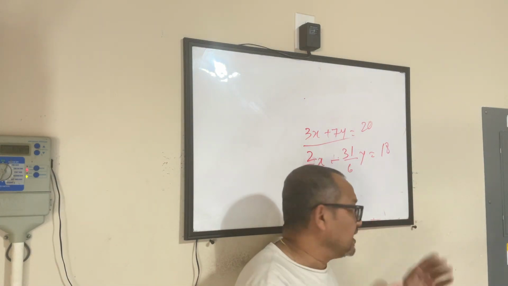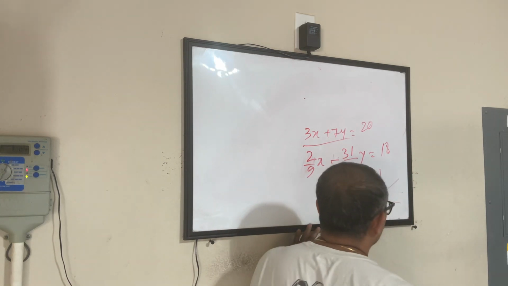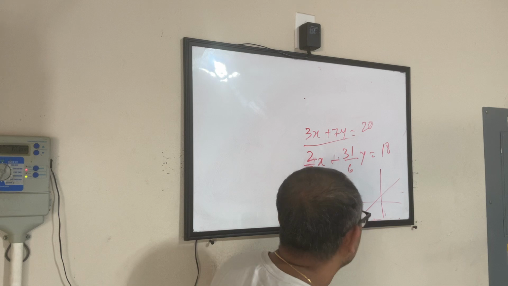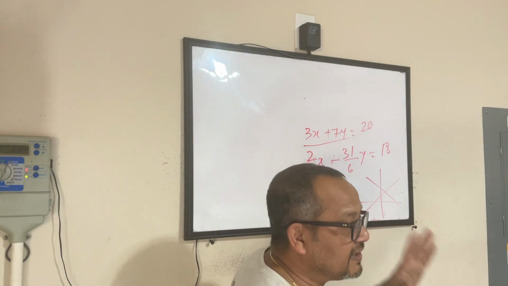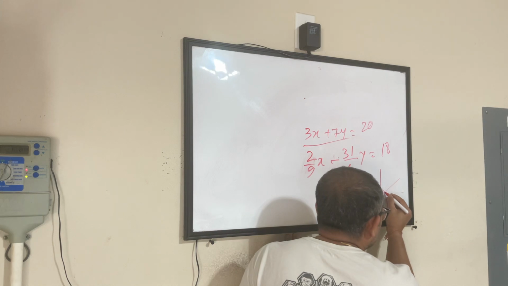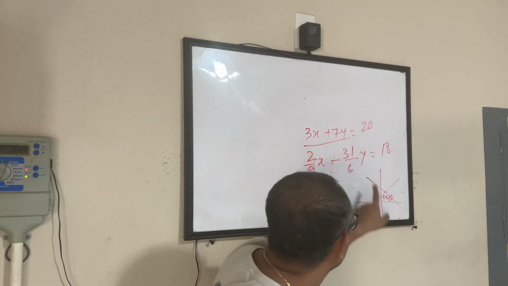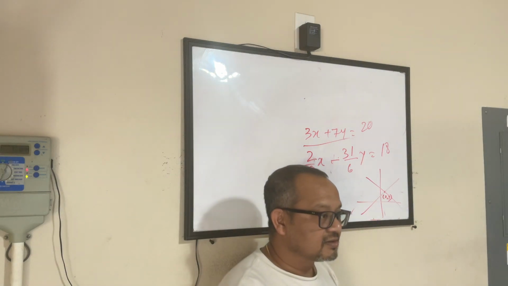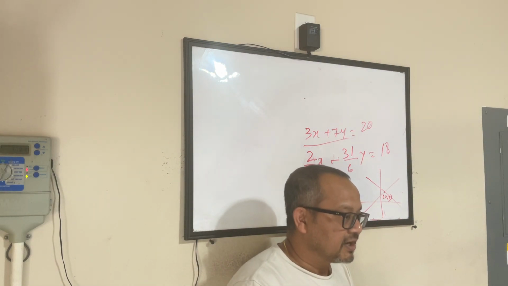Intuitively, one equation will plot one line, the other equation will plot another line. In the most likely event, they will intersect at a point, and whatever the x and y coordinates are at that point, that will be my answer. Is that understanding okay? Everybody?